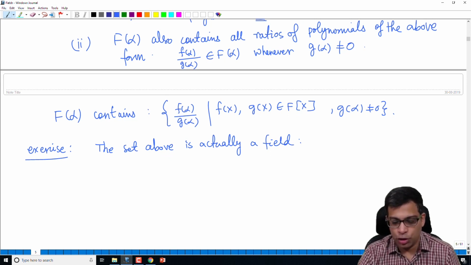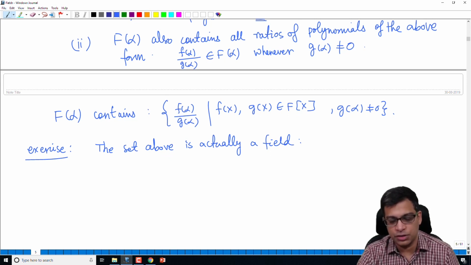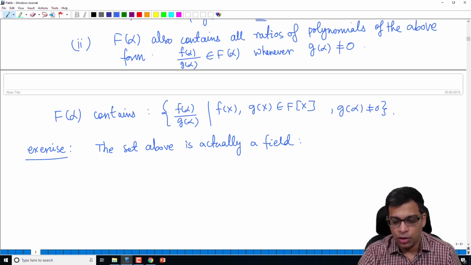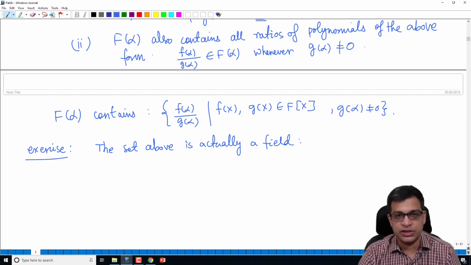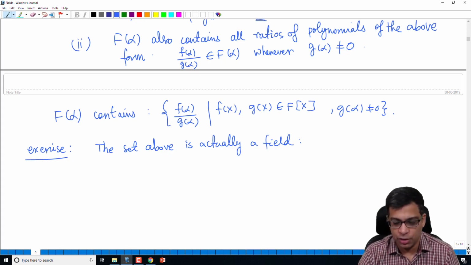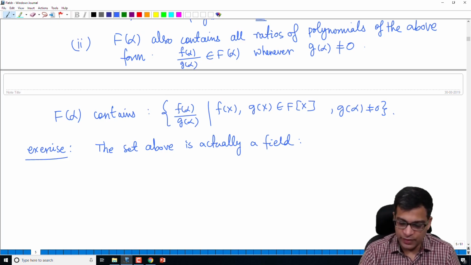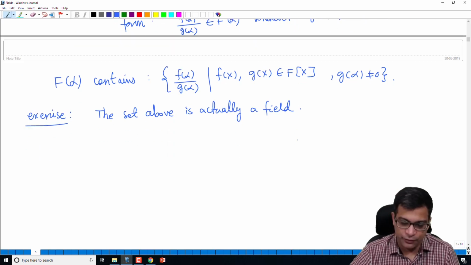You can take the 0 polynomial for f and the constant polynomial 1 for g, then you get 0. You can take f and g to be both 1, you get 1. If you take two such things, you add them, it's another ratio of another set of polynomials. Multiply them, that's also a rational expression in polynomials. So it's very easy to check that it is in fact a field.